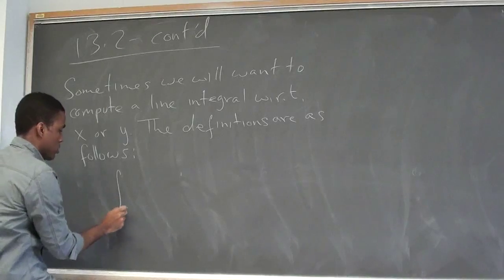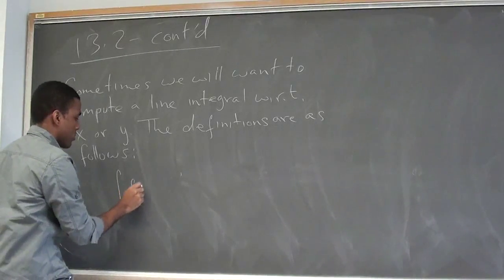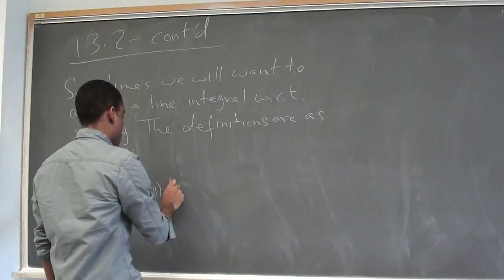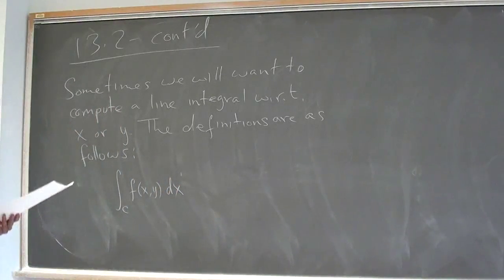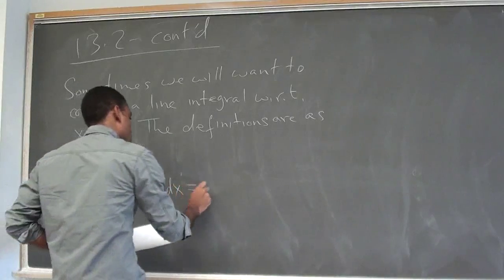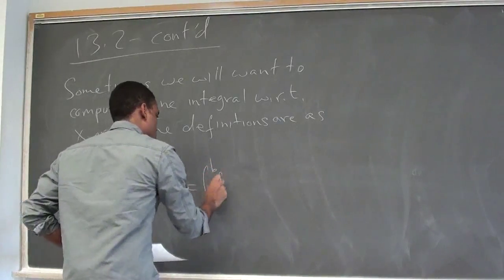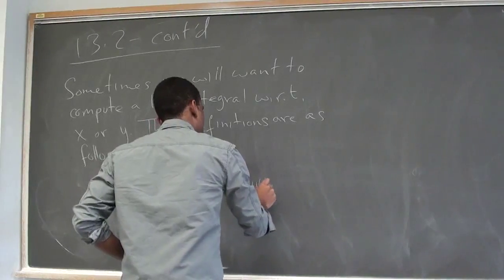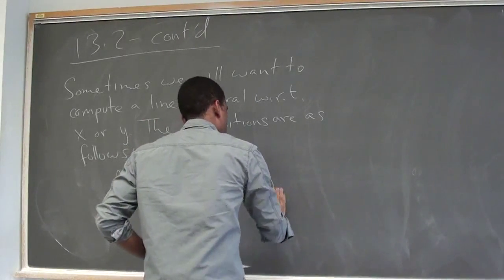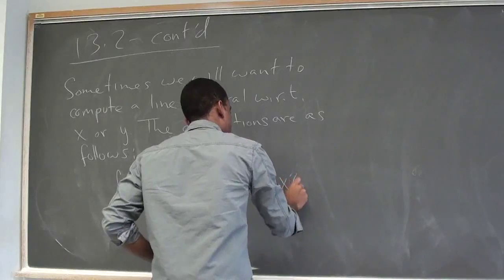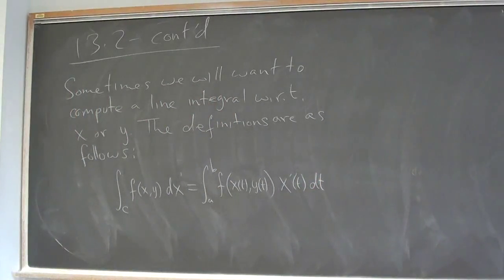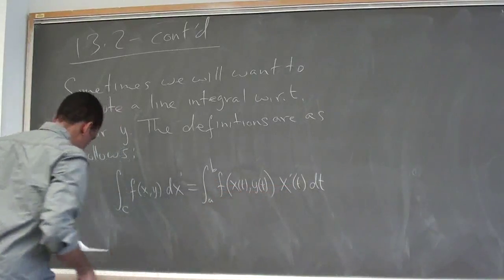If I do the line integral along C of f(x, y) dx, so we're doing a line integral with respect to x, that would just be the integral from a to b. Right? So it's a very similar thing, except we're taking the derivative of the x term.